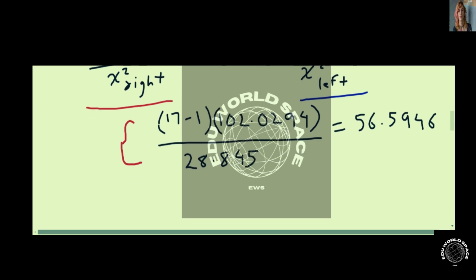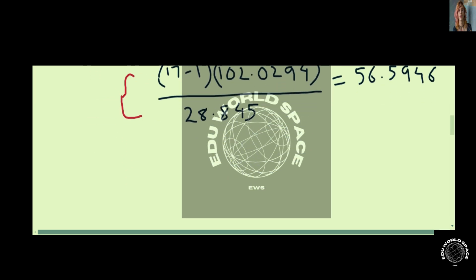Now let's find the upper boundary of our confidence interval. Using the formula, we have 17 minus 1 multiplied by the sample variance, which is 102.0294, divided by the chi-square left value, which we found was 6.908.